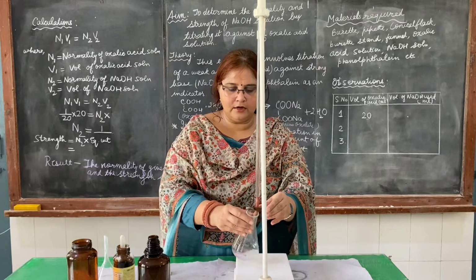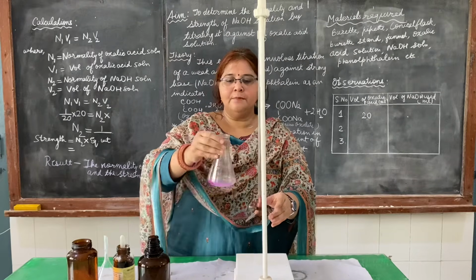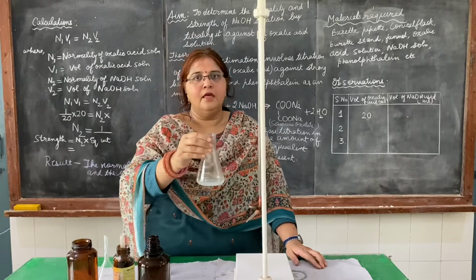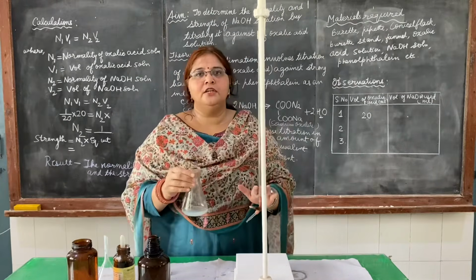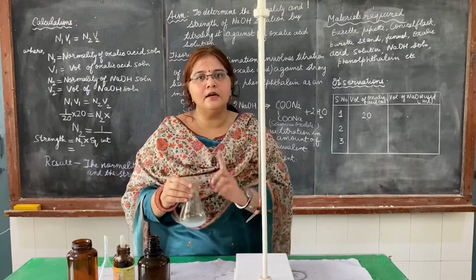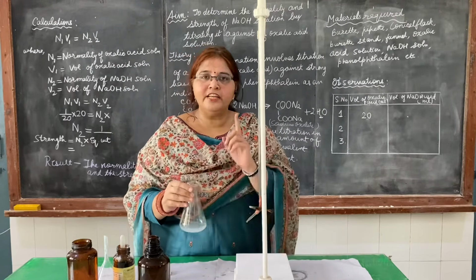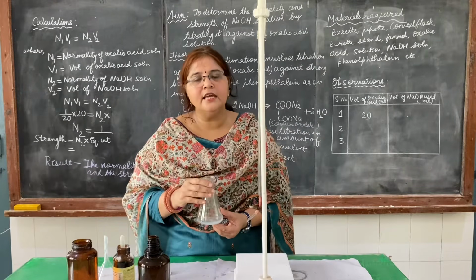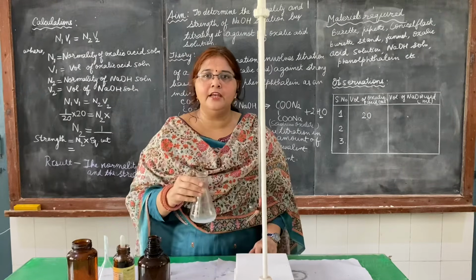When we put down the NaOH solution, the pink color appears, which disappears after some time. We will do the titration until the pink color persists, which indicates that the acid-base titration is completed and we have reached the end point.